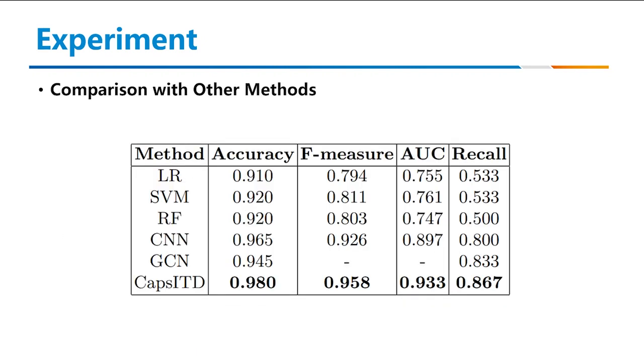First, we compare the experimental results of CapsITD with 3 classical machine learning algorithms such as logistic regression, support vector machine, random forest, and 2 deep learning algorithms such as convolutional neural network and graph convolutional network.